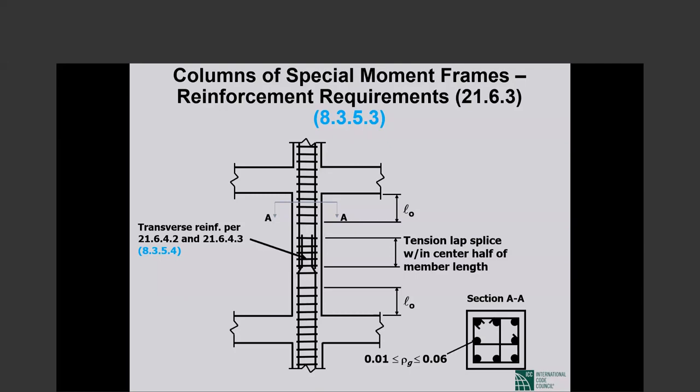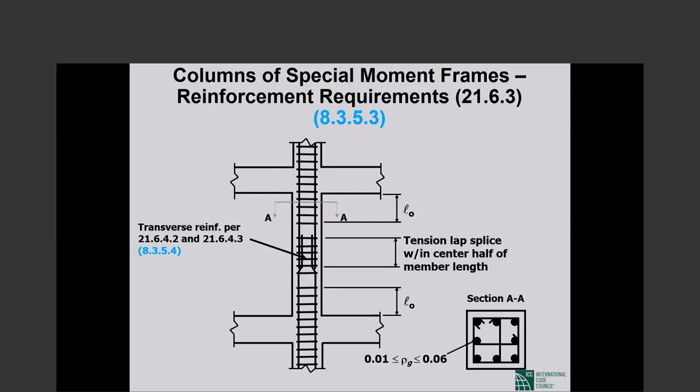Now, starting with some edition of ACI 318, I don't remember which, even for columns that are not part of the seismic force resisting system in design category D and above, we do not allow the reinforcement ratio to go down below 1%. Now, whether ACI 318 has that, I haven't checked. Anyway, for columns of special moment frames, which is what we are discussing, 1% is the absolute minimum. Okay.